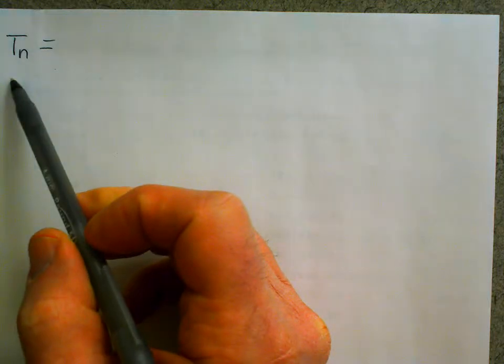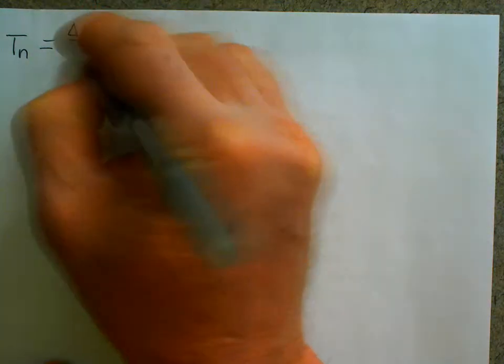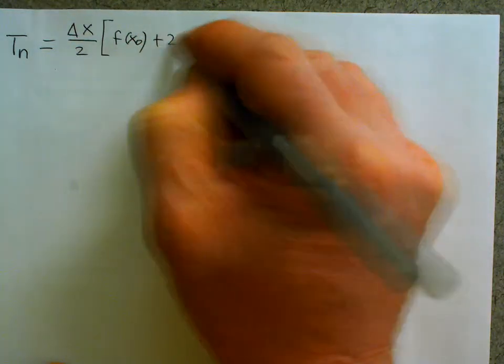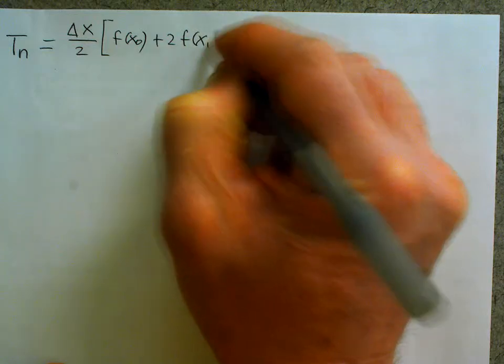As a reminder, the formula for the trapezoidal rule, if you have n intervals, then the approximation of the integral is delta x over 2 times this quantity: f of x sub 0 plus 2 times f of x sub 1.